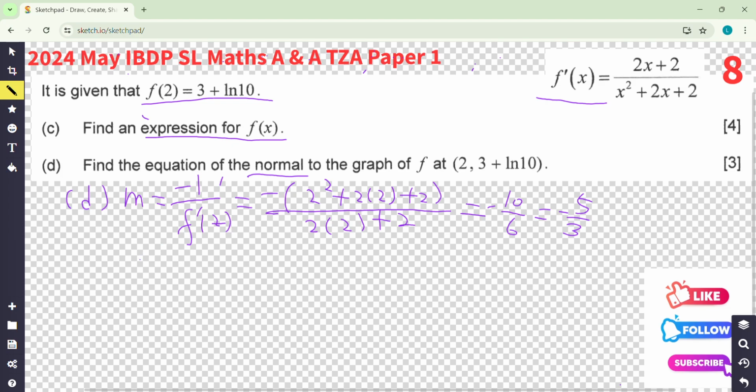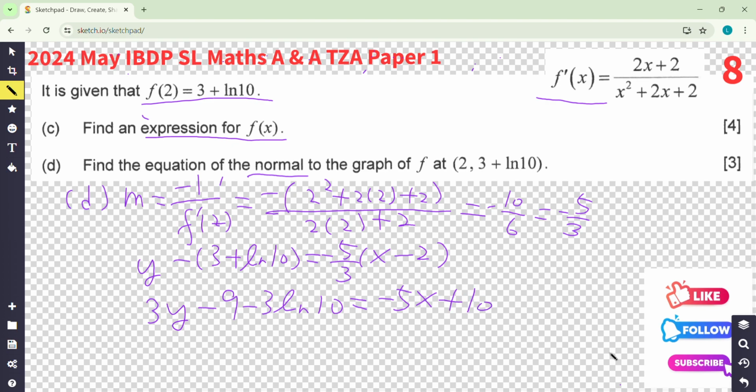I remember the general equation: y minus (3 plus log 10) equals the gradient times (x minus 2). But we can't submit this as the solution, you have to simplify it, move the 3 to the left hand side. Okay, y, expand: y minus 3 minus log 10 equals minus 5x over 3 plus 10 over 3.